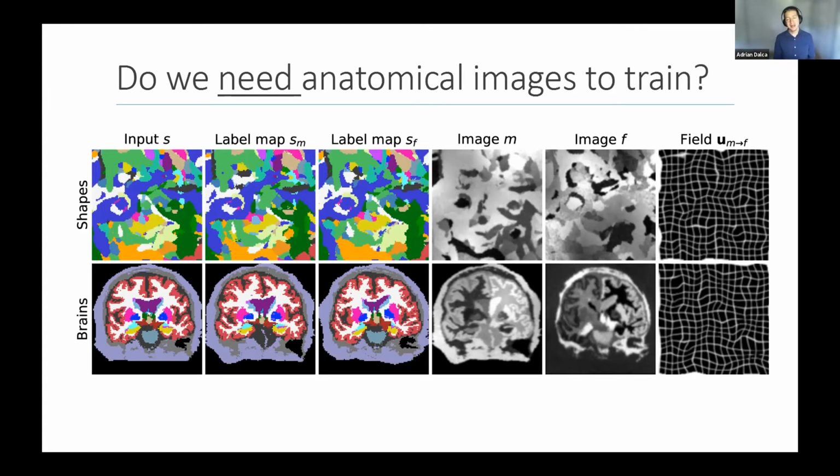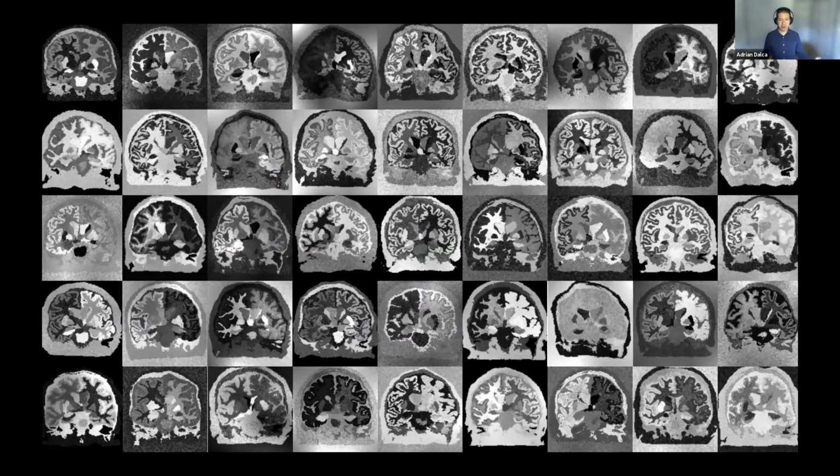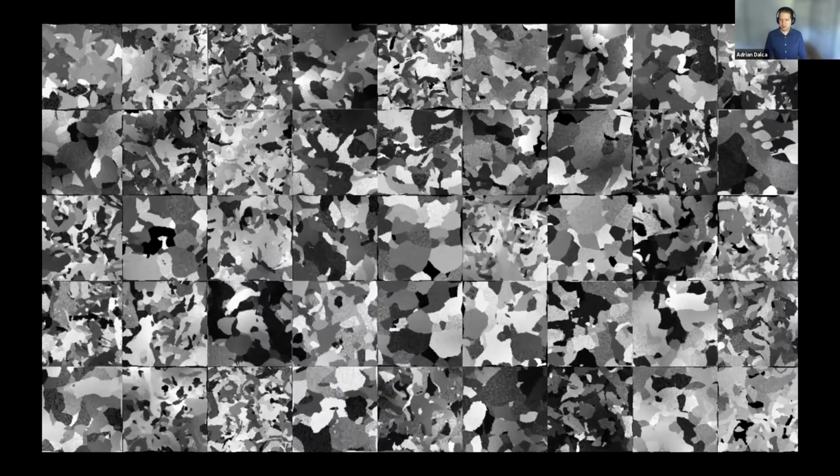Because if they can, then they will probably be able to register any modality we throw at it. So let's see what this looks like. These are the sort of brain images we create. These are the sort of shape images that we create. They're unbiased in terms of anatomy. They're unbiased in terms of contrast.